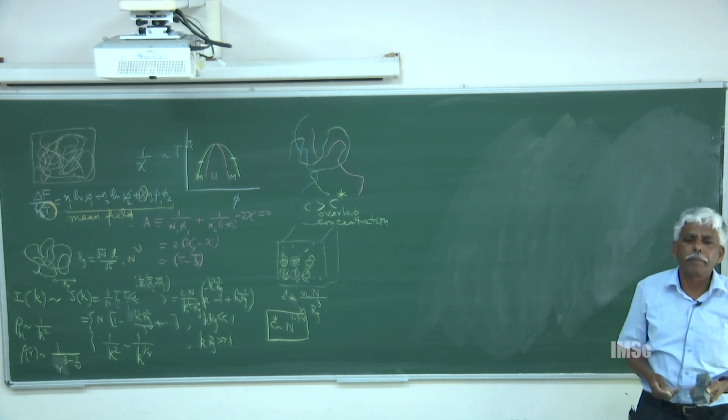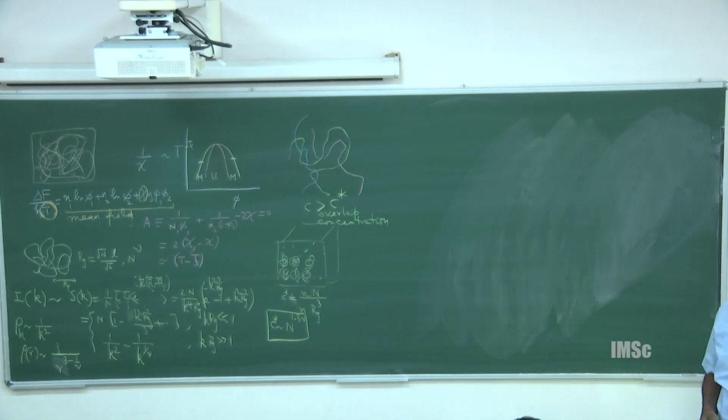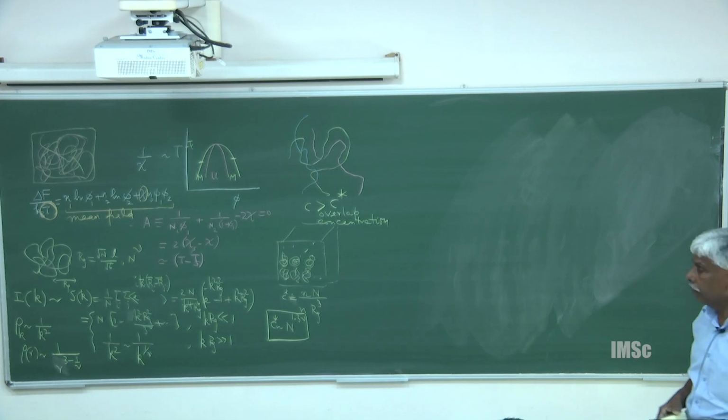Sorry, for the overlap concentration, you are considering all the chains as homopolymers. If they are heteropolymers, then the screening effect will come into play statistically, negative and positive charges might interpenetrate at a lower concentration as well. It is entirely possible.